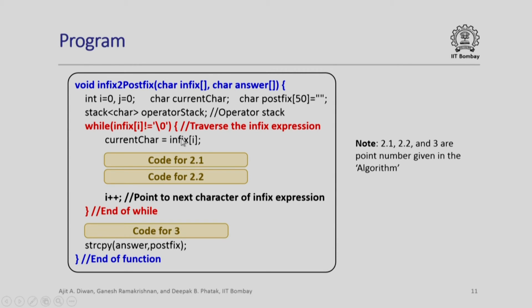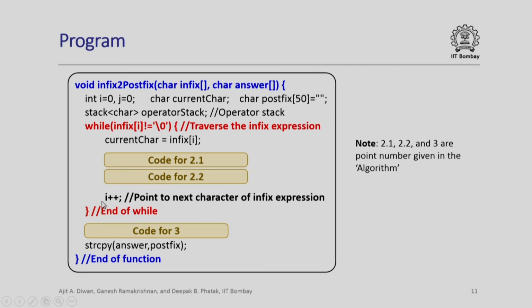We put the ith character into the current char, and this current char will now have to be handled. There are 2 or 3 segments which will handle this current char. We have identified them arbitrarily as 2.1, 2.2, the segments of the code which will follow one after another.